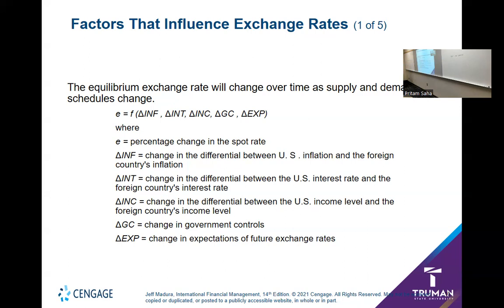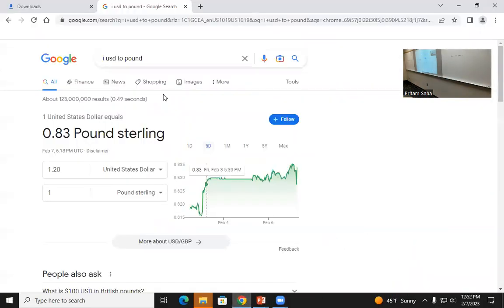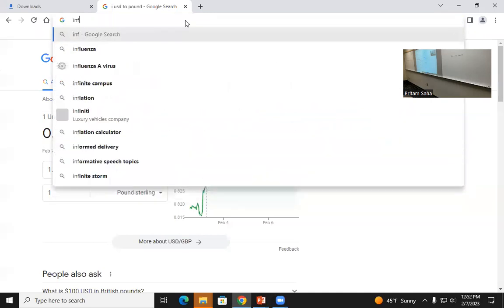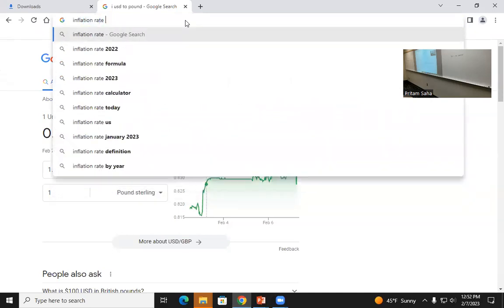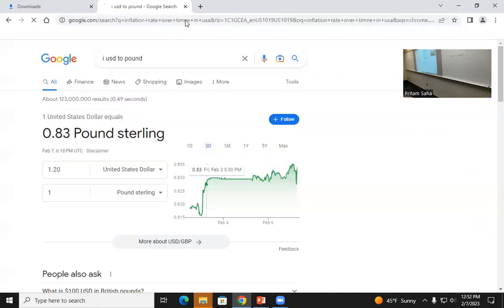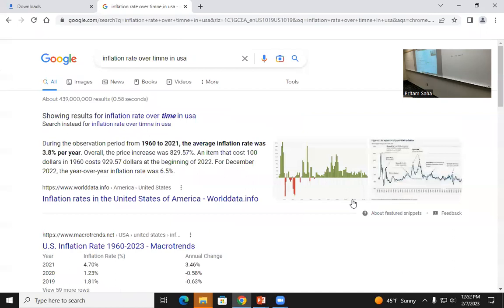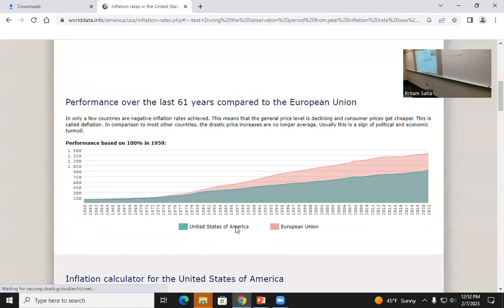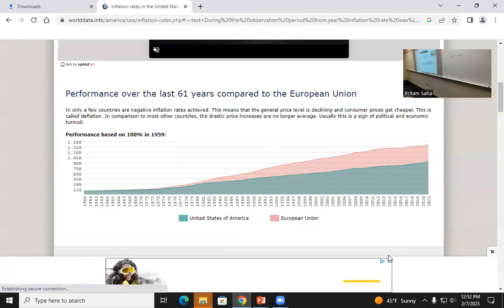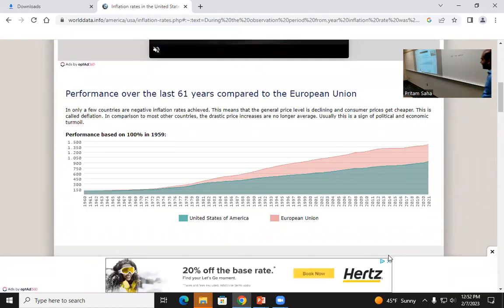Does it look okay, reasonable in terms of the history? What do you think? Let's see US history. So does it look reasonable in terms of US history?